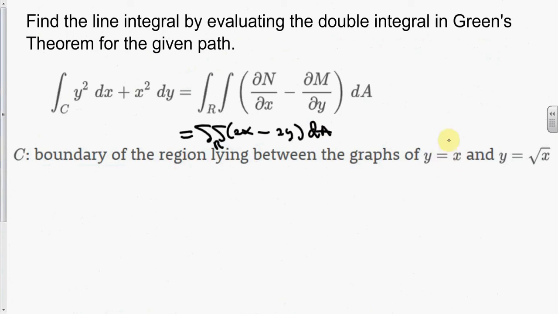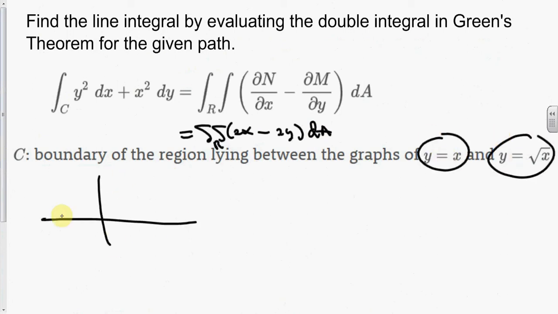Here I have y equal to x, and then I have y equal to square root of x. Now the graph of y equal to x is going this way, and the square root of x does that, right? So the curve y equal to the square root of x is now on top.